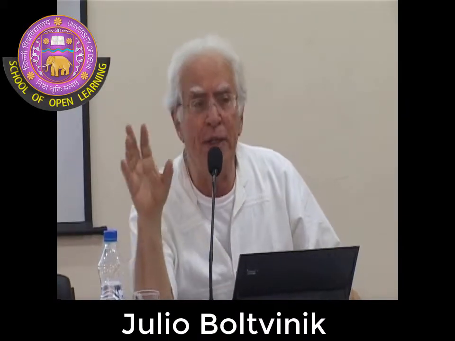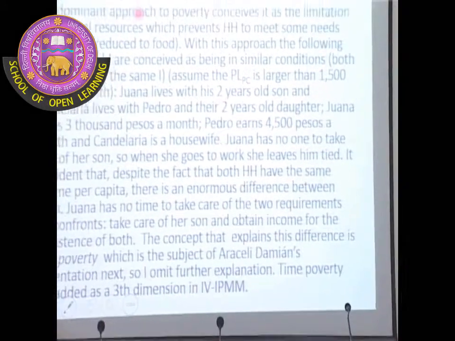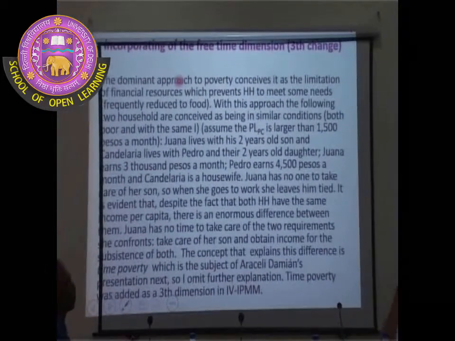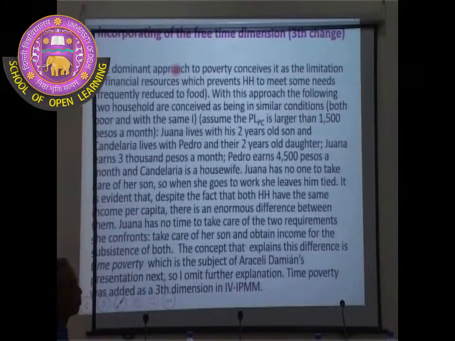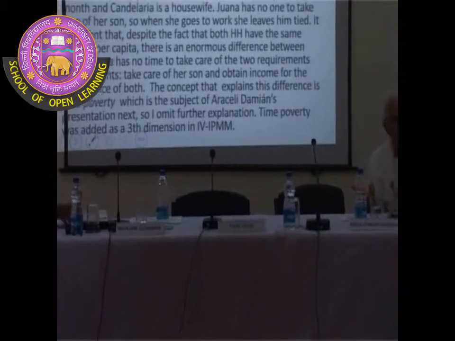The third important change is incorporating the free time dimension, of which Araceli Damiani in the next presentation will give a profound view. This is the most radical change in poverty measurement, and it is the distinguishing feature of this method.